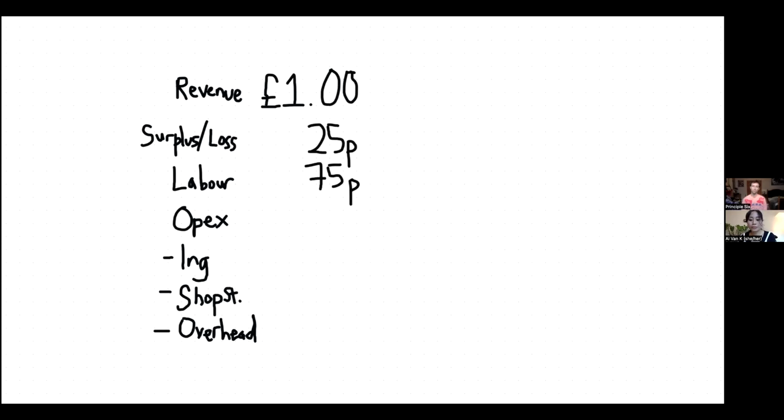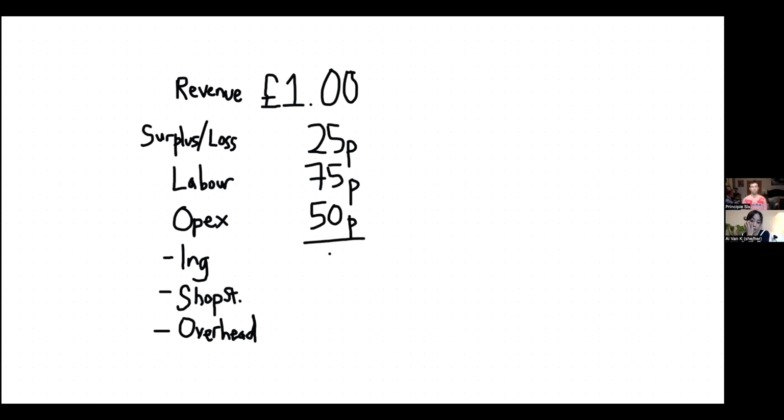So rent, bills, stationery, stock, fuel, fixed and variable costs, we lump it all together. It turns out that it adds up to 50K. That's the equivalent of, for every £1 of revenue that they're receiving, they're allocating 50p to operating expenses. Let's break down that 50p. What is that 50p made of?